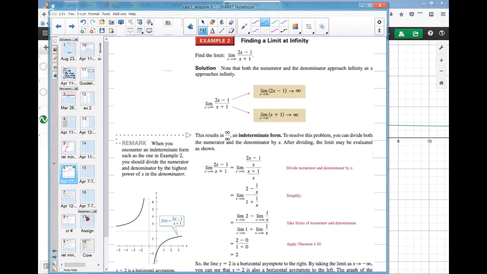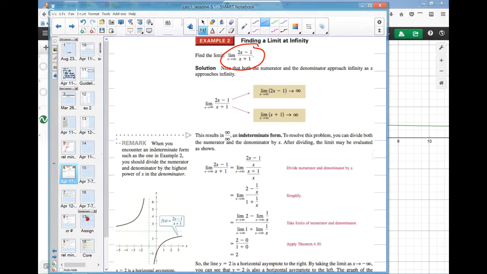So what's going to happen in a problem like this one? Now we've got a little interesting problem here, the one in the book. What's going to happen to that as x approaches infinity? Well, one way to solve this is to divide top and bottom by the largest power of x.